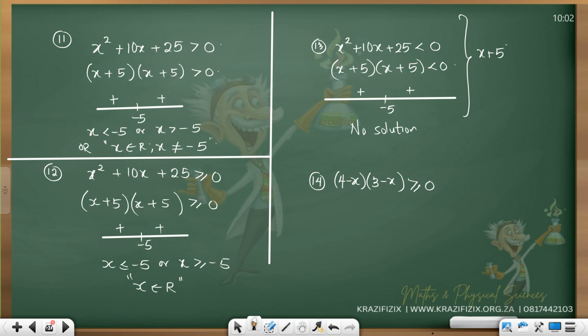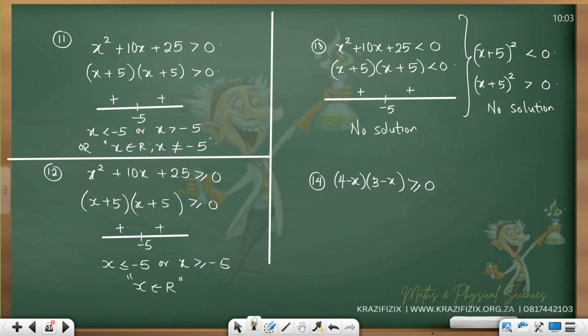We are simply saying x plus 5 squared is less than 0. This is not true. X plus anything squared will always be greater than or equal to 0. So no solution. I hope that makes sense. If anything squared, you will always get a positive answer.